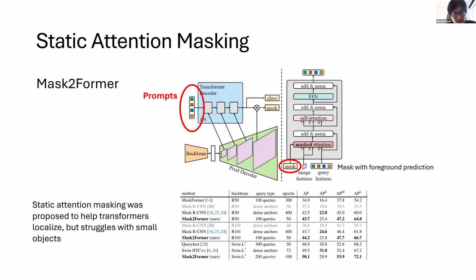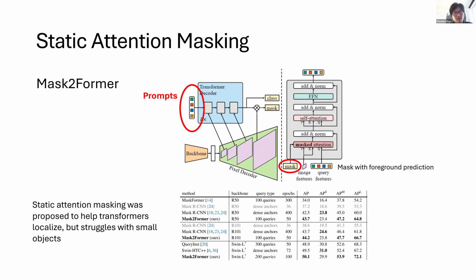This is a performance table from the Mask2Former paper. They divided the AP into small objects, medium-sized objects, and large objects. While the model was good at medium and large objects, on small objects it's always falling behind the best competing models.